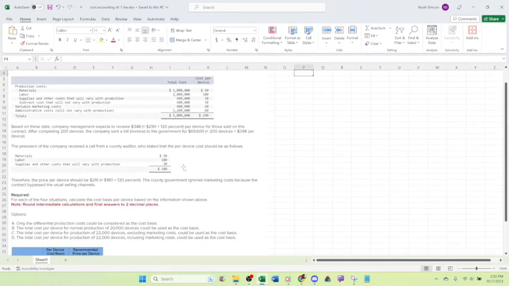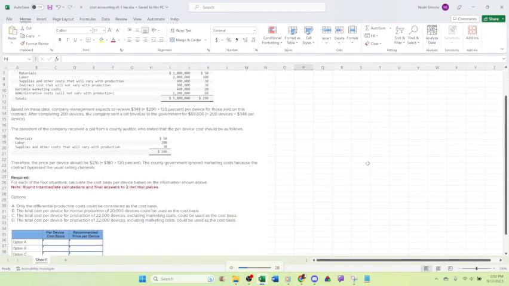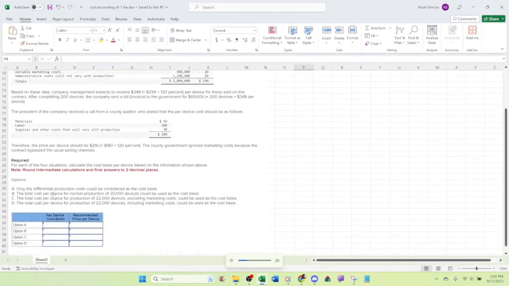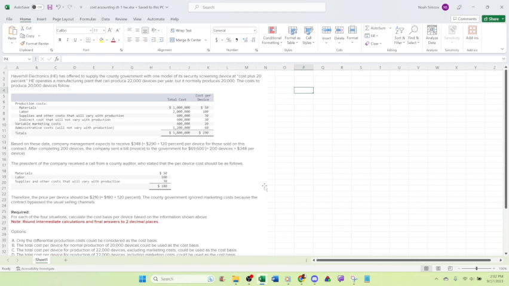The other option is total cost per device for the production 22,000 devices, excluding marketing costs. All right, so do we just have to project 22,000?